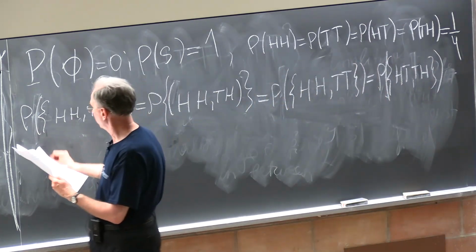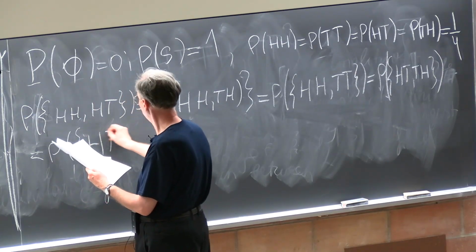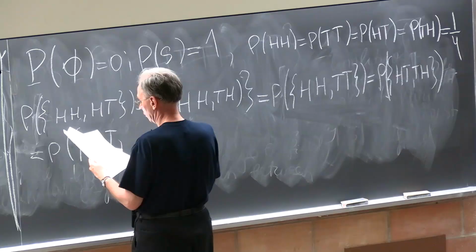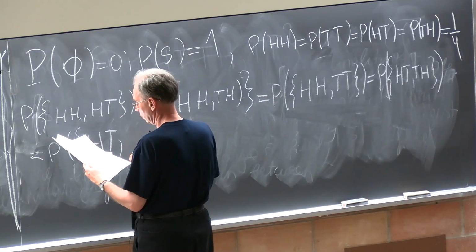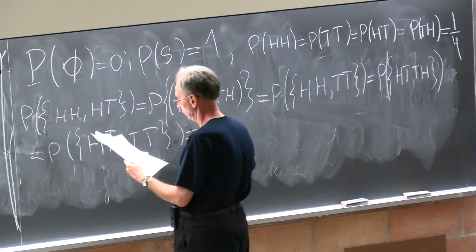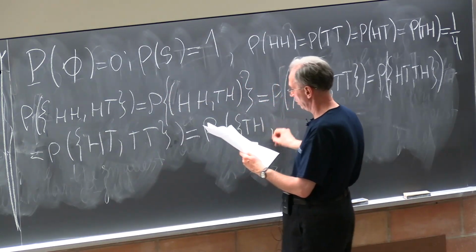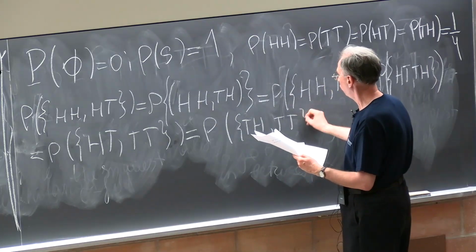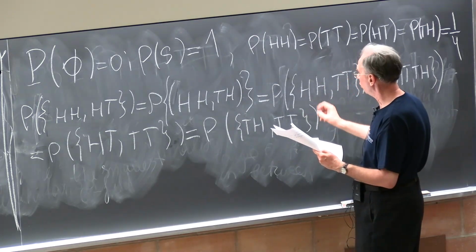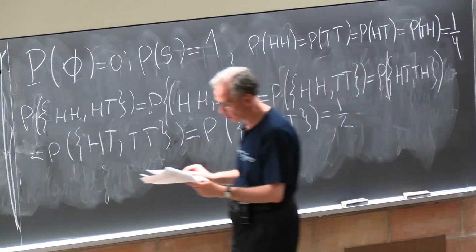So it's the same as probability of HT, TT, and probability of TH, TT, and all these 6 probabilities are equal to 1/2 each.